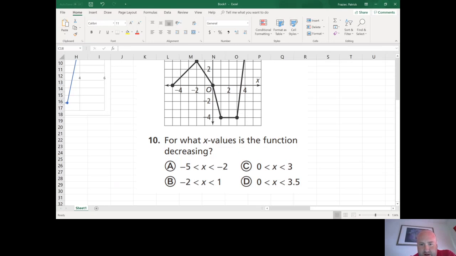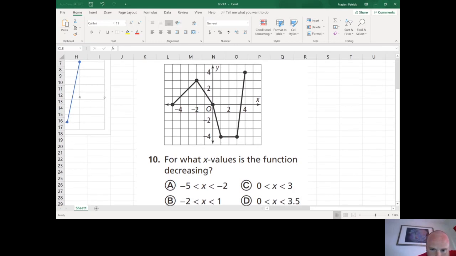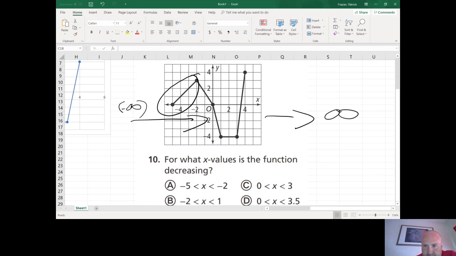Nevertheless, getting back to the problem, for what x values is the function decreasing? So over here, as x gets bigger, going towards 0, think of everything going towards 0 and then going beyond 0, from negative infinity towards positive infinity, if you want to think of it that way.